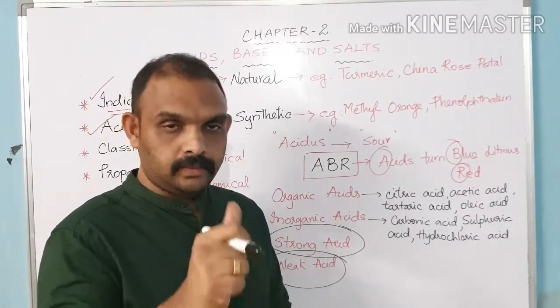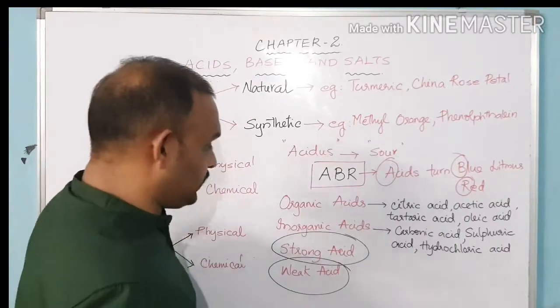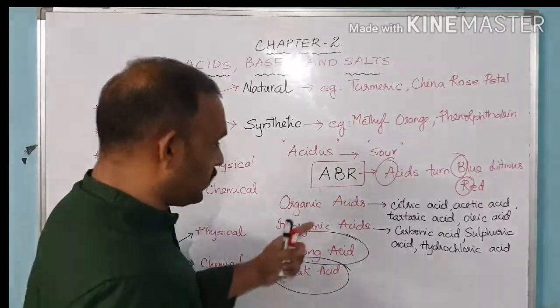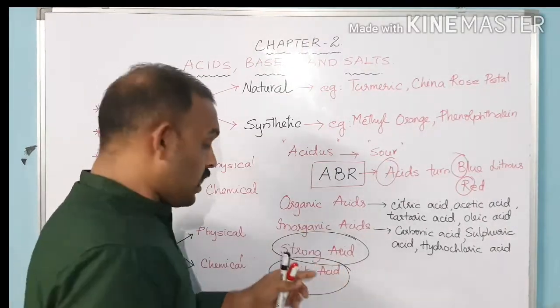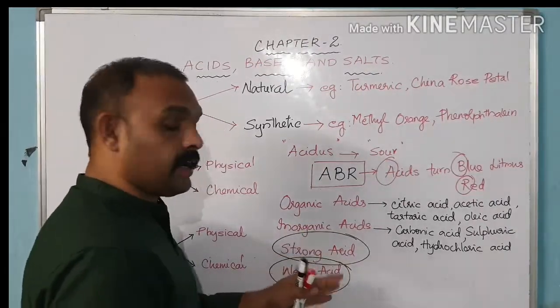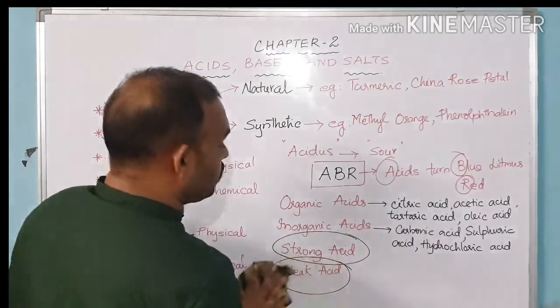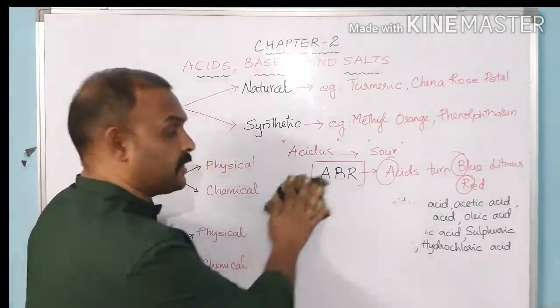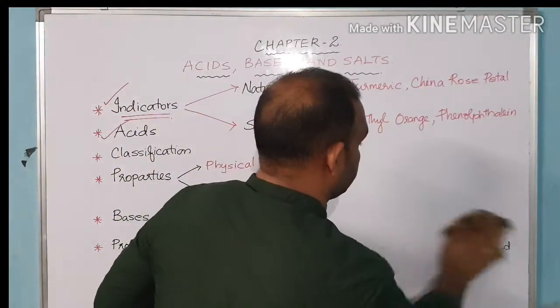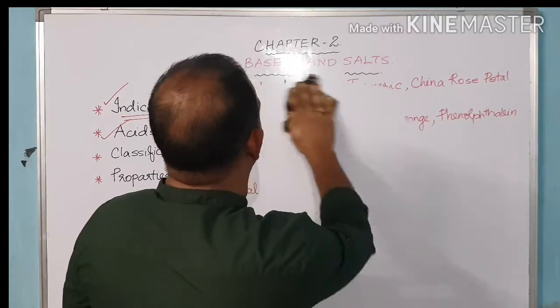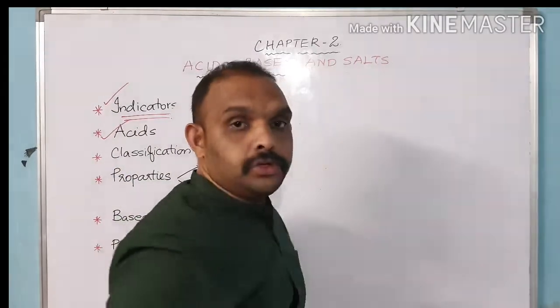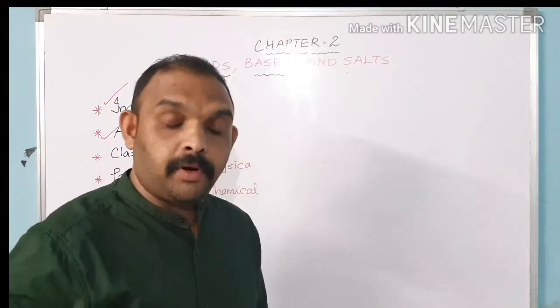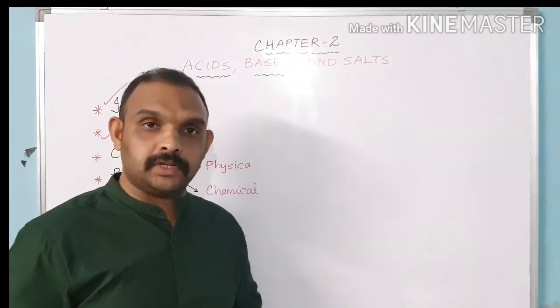Clear? Okay, so we have seen the classification of acids, that is organic acids and inorganic acids, that is one classification, and another classification is strong acid and weak acid. Then there is one more classification of acids. Let us see what that is. In that classification, acids are classified into two, depending upon the amount of water present in it.